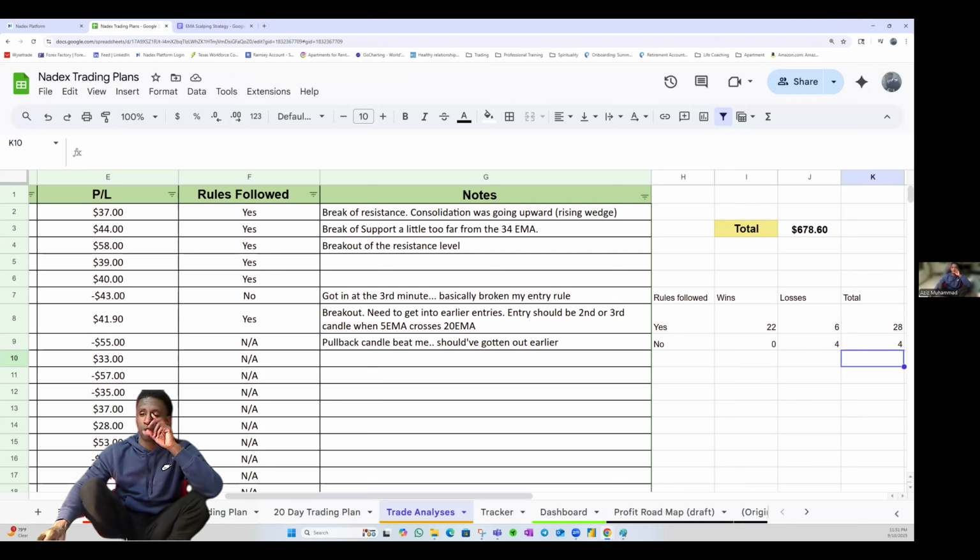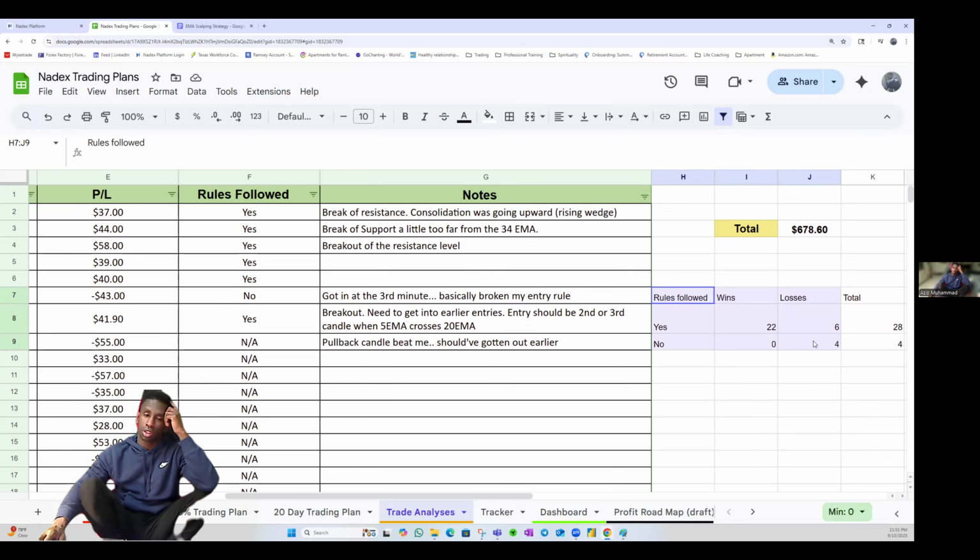Now we're gonna make a table. I think a bar chart might be best for this. Highlight just the rules followed, wins and losses part, ignore the total column.